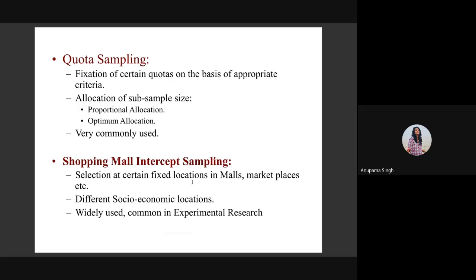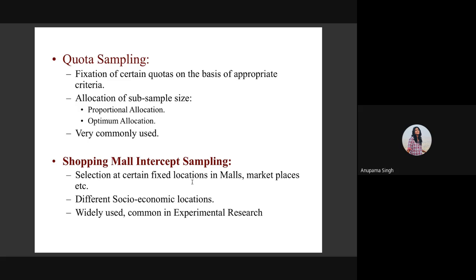Then we have quota sampling. Quota sampling is also very popular. In quota sampling, we fix certain quotas on the basis of appropriate criteria. So quota sampling means we are going to prefer some section, right?